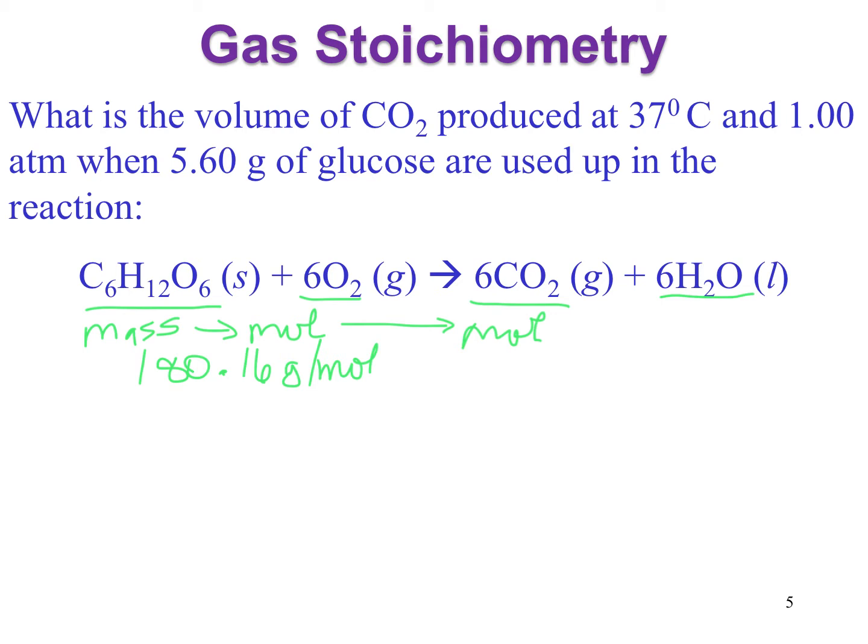First, the moles of glucose equals 5.60 grams of glucose divided by 180.16 grams per mole, giving 0.03108 moles of glucose.